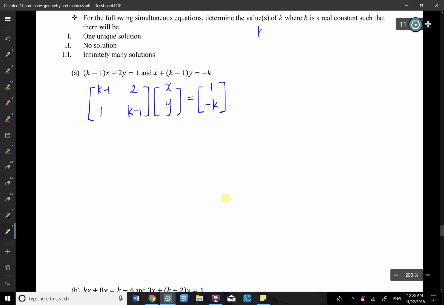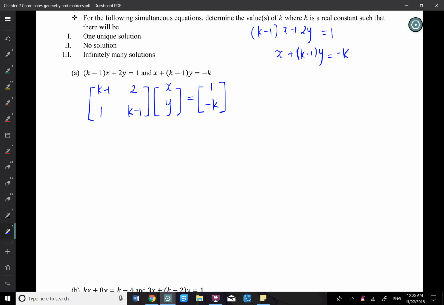If I write that vertically, you can see it more clearly. You should be very familiar with this type of question from last year, but we solve it using another method because we have learned the matrix.